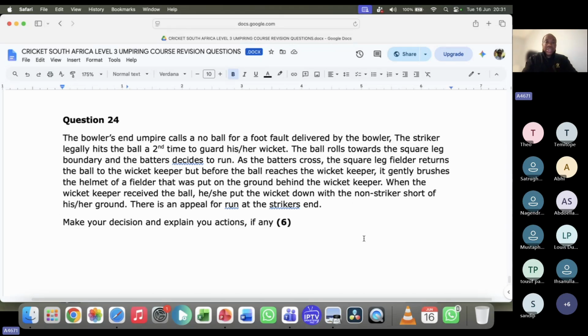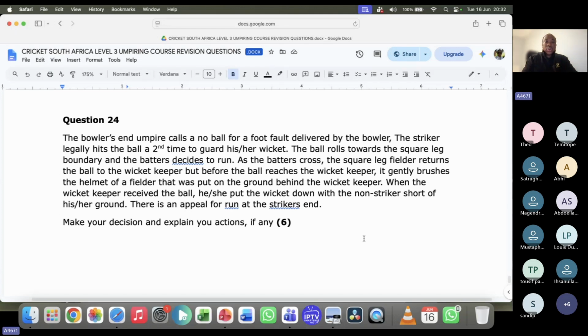Abdullah, quite a lot going on there. First thing that happened was there was a no ball. Secondly, the striker legally protects his or her wicket by hitting the ball for a second time. Because the ball went towards the square leg boundary, the batters decided to run.